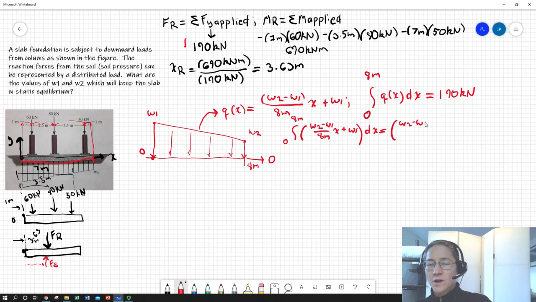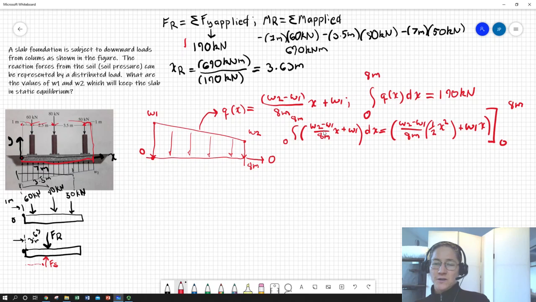That's going to be W2 minus W1 over 8 meters times 1/2 x squared plus W1 x, evaluated between 0 and 8 meters.